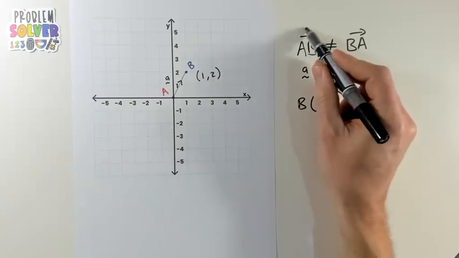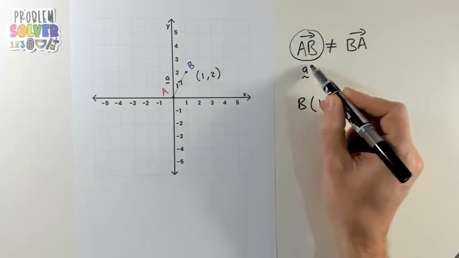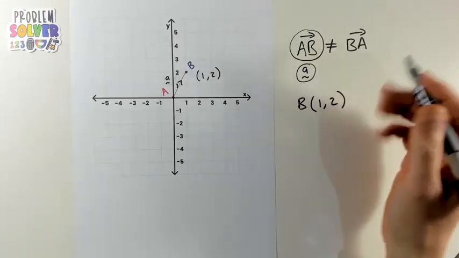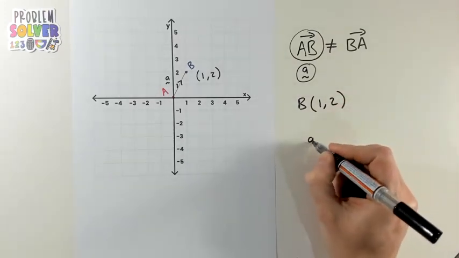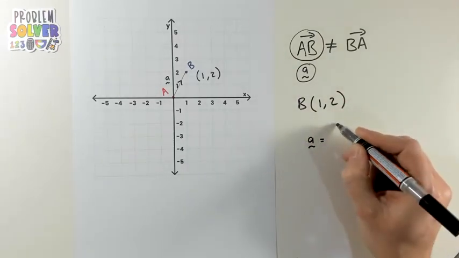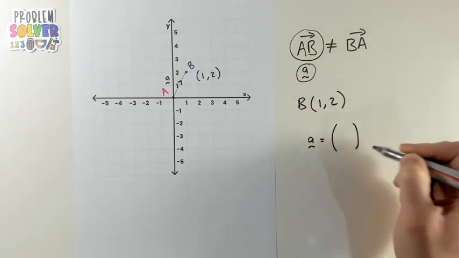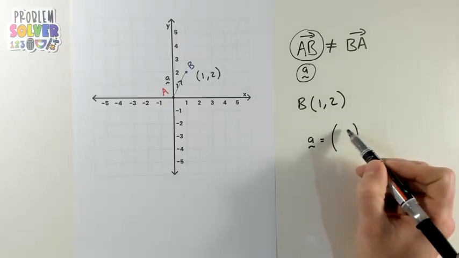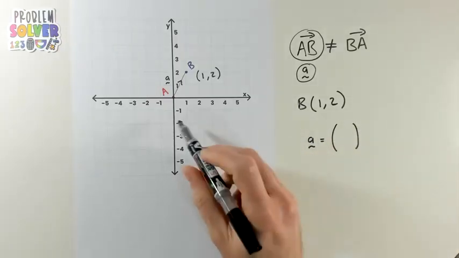When we want to show how we're writing vectors, we use column vector notation, with big brackets, and the top part tells me how much I'm moving in the x direction.